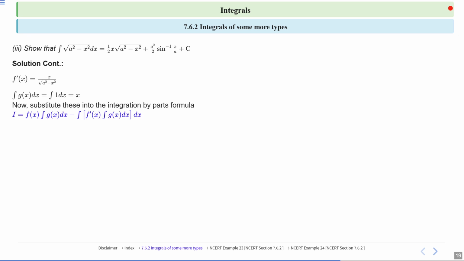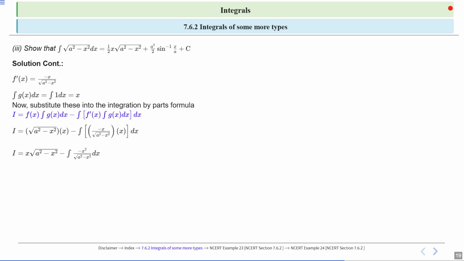So now substitute this into the integration by parts formula, that is I is equal to f(x) into integration of g(x) dx minus integration of differentiation of f(x) into integration of g(x) dx. So in place of f(x) we substitute root under a square minus x square and integration of g(x) is x. Then differentiation of f(x) is minus x by root under a square minus x square and then integration of g(x), that is x into dx.